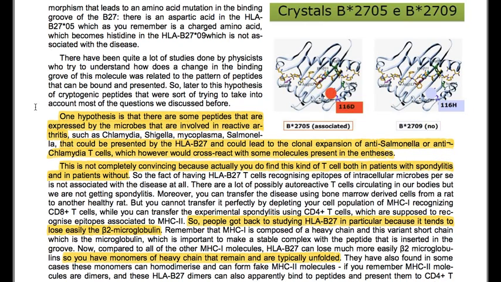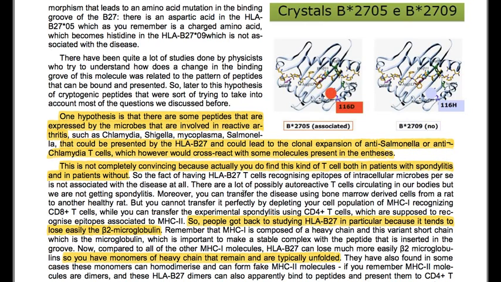and in patients without. So the fact of having HLA-B27 T cells recognizing epitopes of intracellular microbes per se is not associated with the disease at all. There are a lot of possibly autoreactive T cells circulating in our bodies, but we are not getting spondylitis.